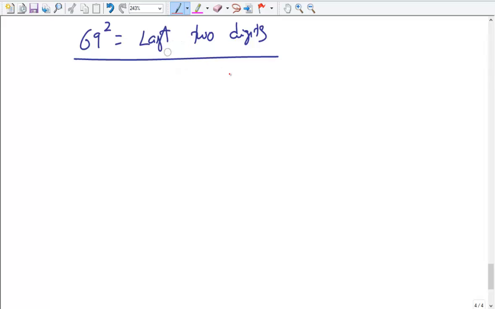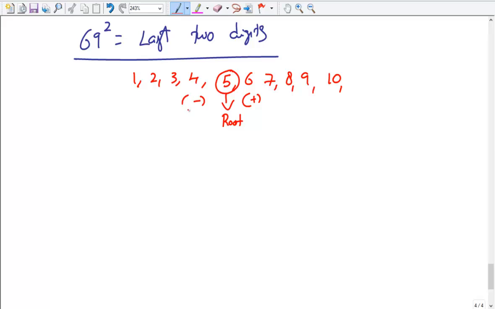Now if we have, let's say, 5, 6, 7, 8, 9, and I'm taking 10. On the other side of 5, we have 1, 2, 3, 4. I take this as my root, and on the other side, it's going to be positive numbers, and in decreasing order, so I say that it's minus.